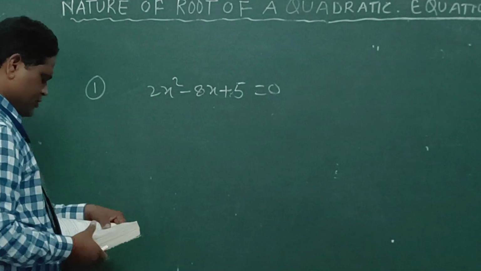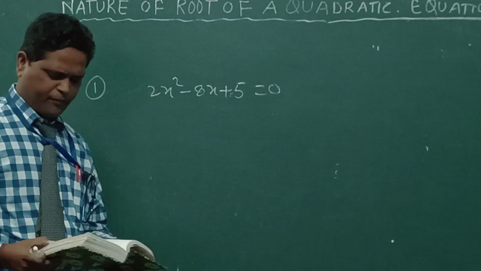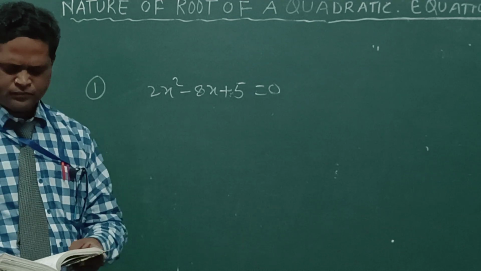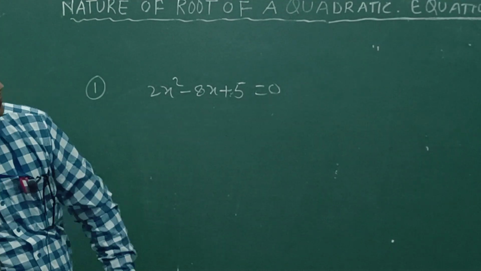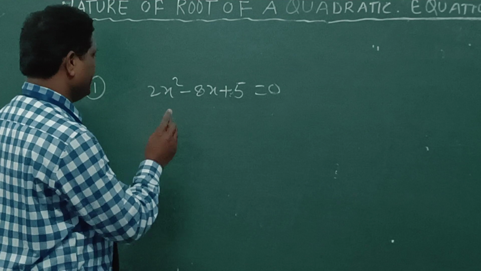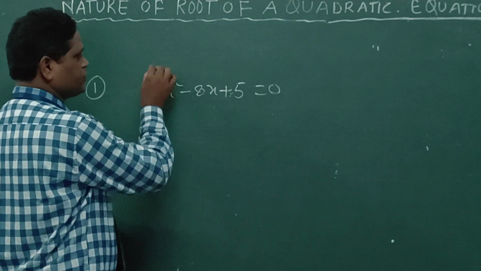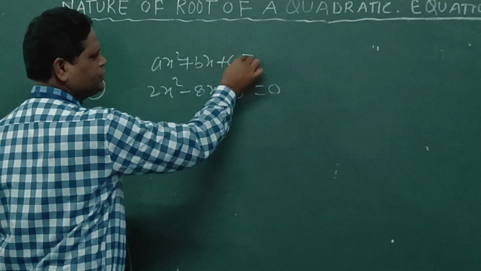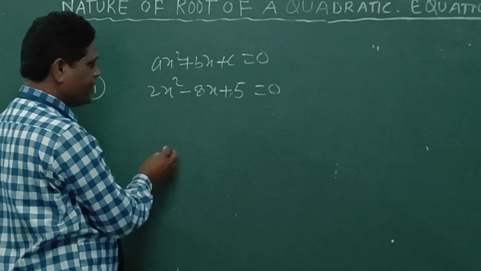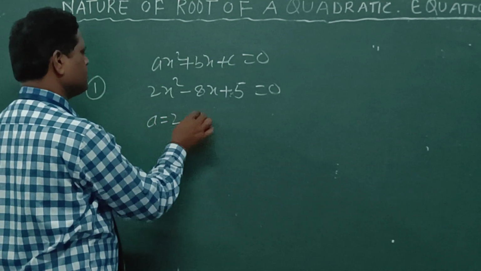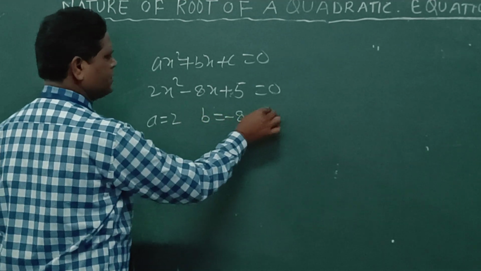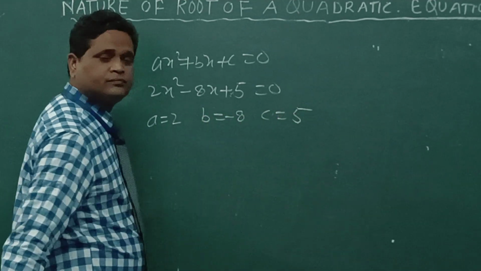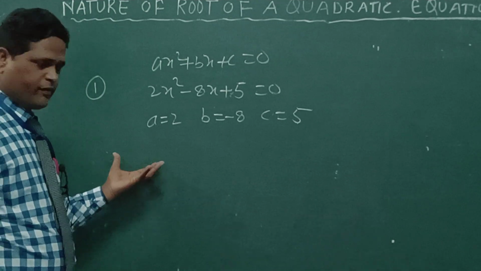First of all, find D. Given the form ax square plus bx plus c equal 0, separate a equal 2, b equal minus 8 and c equal 5.